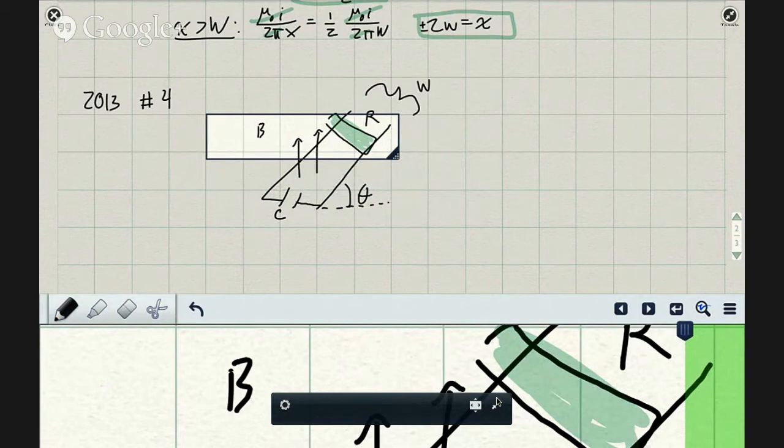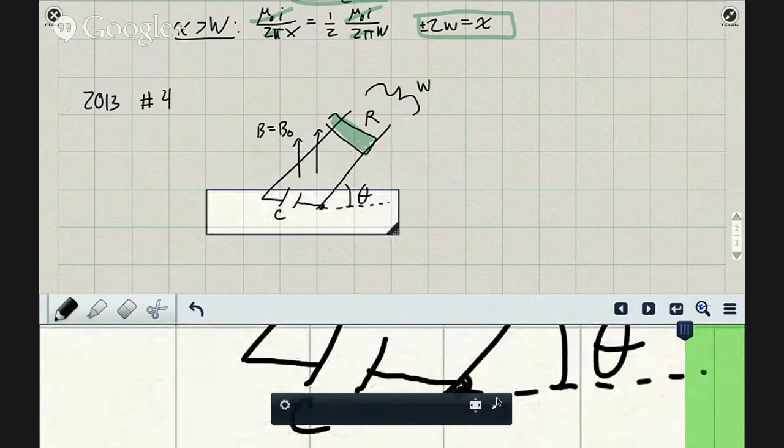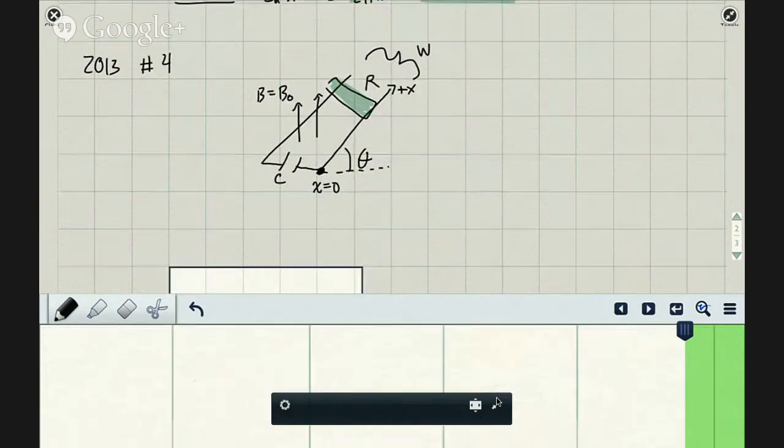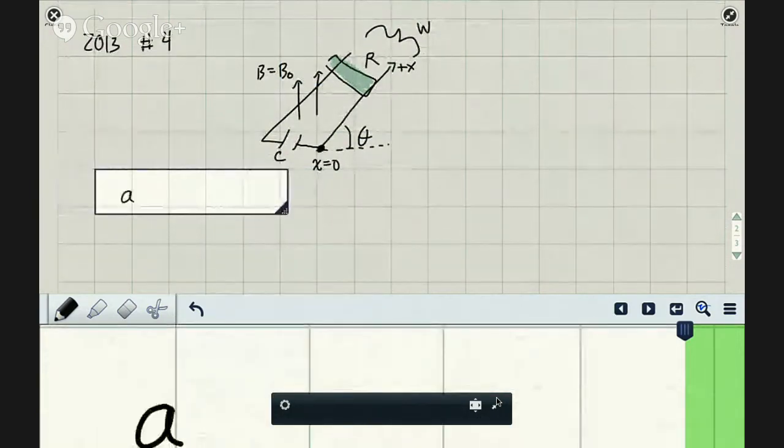Oh, that's super easy. We like magnetic fields that are that simple. All right. And then lastly, it gives you a nice coordinate system to work with. We have x equal to 0 here. And then going up the rail, we have the positive x going up this way.